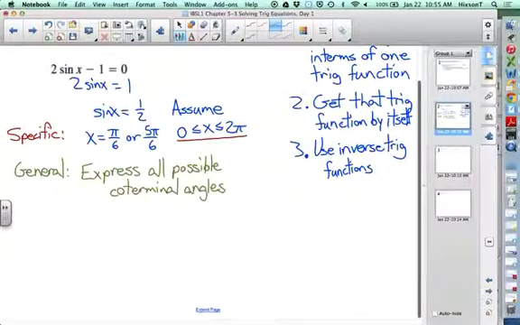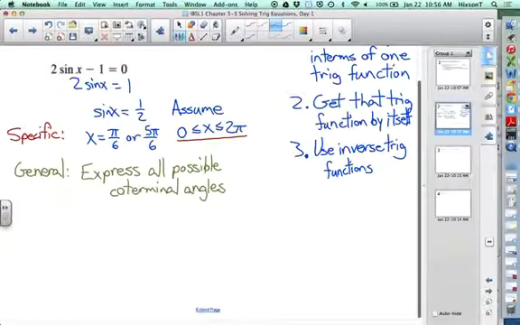Now, can you just keep adding 2 pi forever? Yes, there's an infinite number of these, so obviously we're not listing them here. But it goes back to how we got that coterminal angle: we added 2 pi.